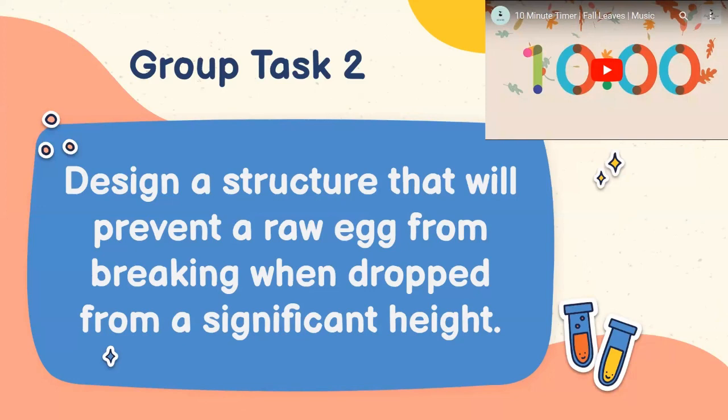Actually, I want to do it from this floor to outside. Yes, Nathan. Fall, I don't know. It's up to you. I'm not going to tell anything. I'll just give you the materials and the scenario. It's up to you to think. Okay. So, guys, please try to protect your eggs.